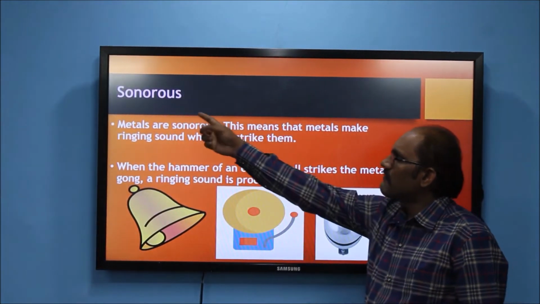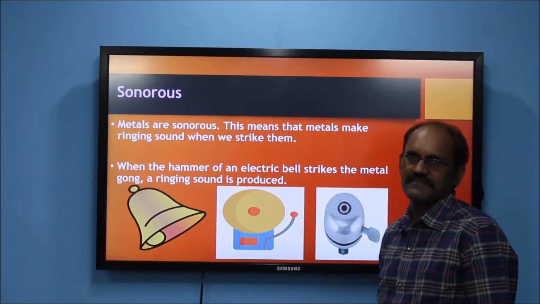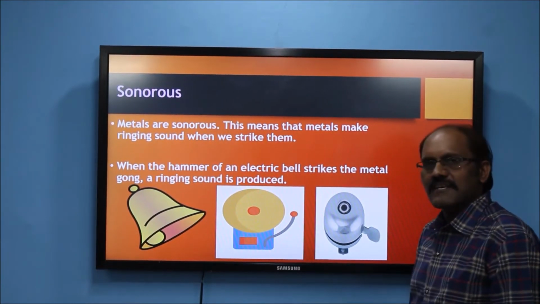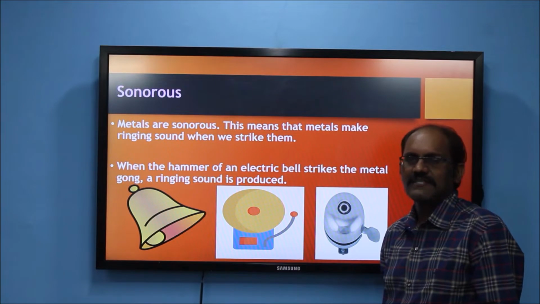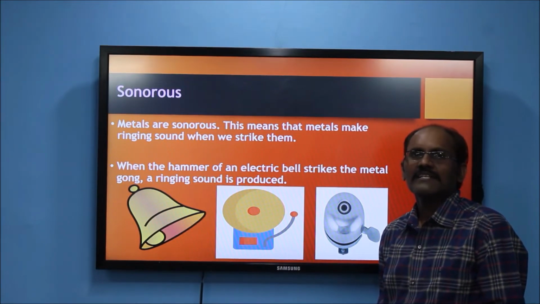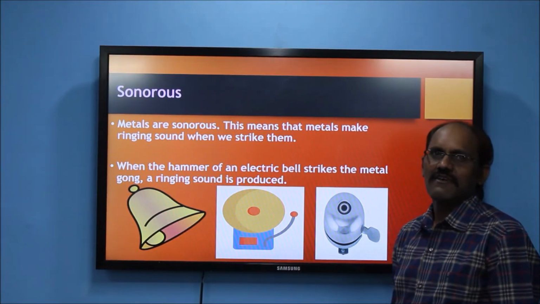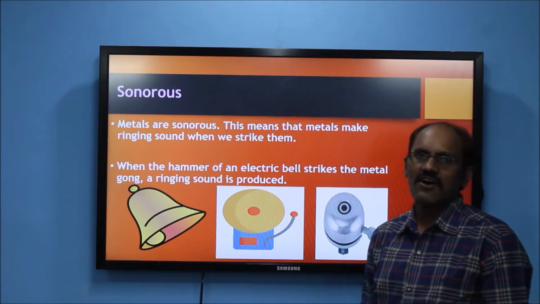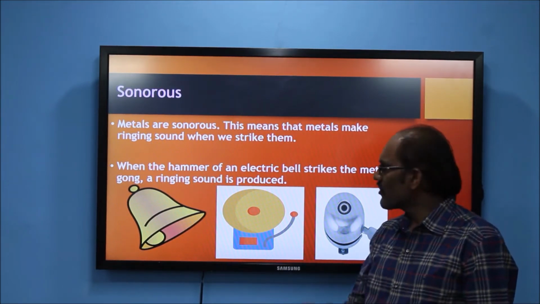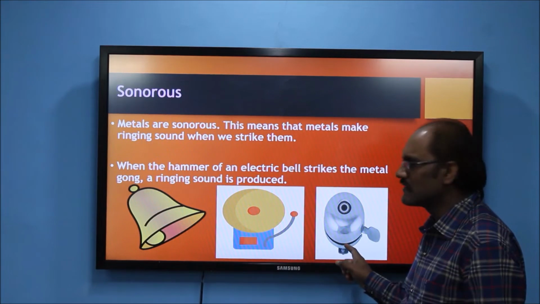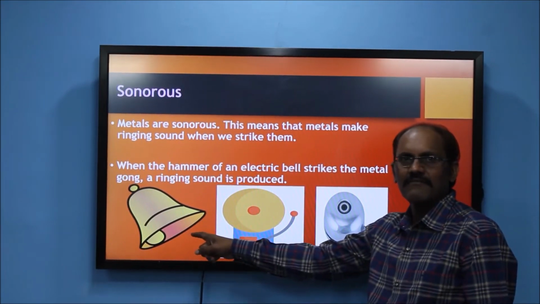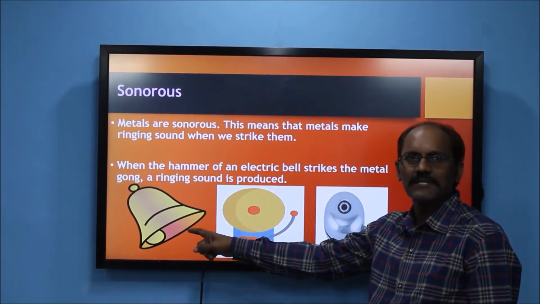Another physical property of metals is that they are sonorous. This means metals produce ringing sounds when we strike them against a hard surface. Are you all observing these images? This is a bell which you generally see in the temples.